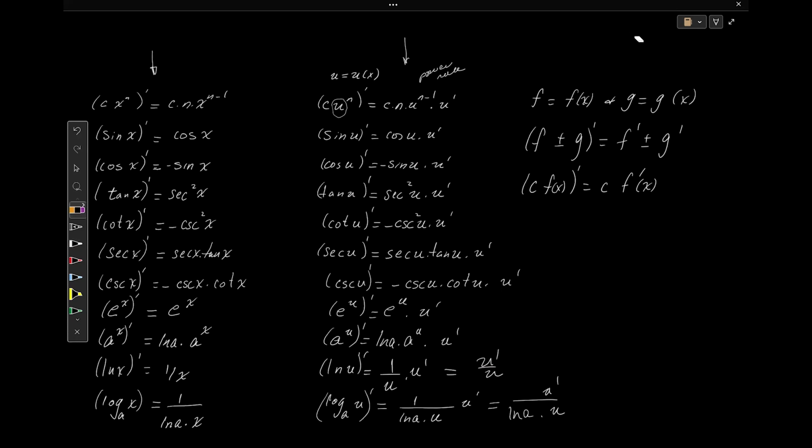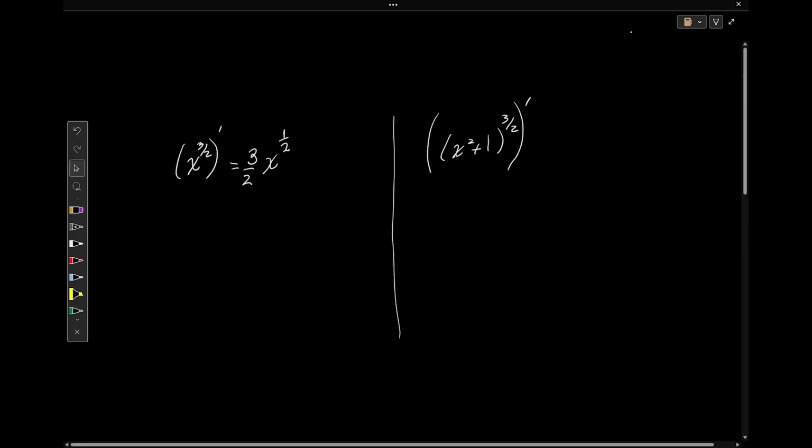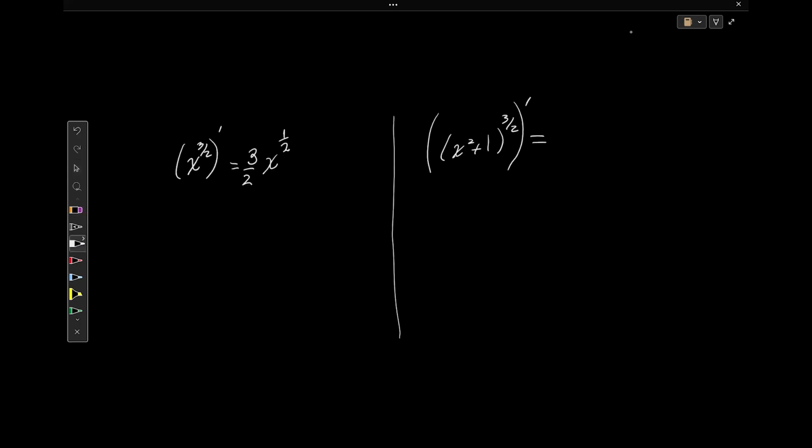So I have to use the generalized power rule, which says use the regular power rule on this thing, and then take the derivative of that thing.